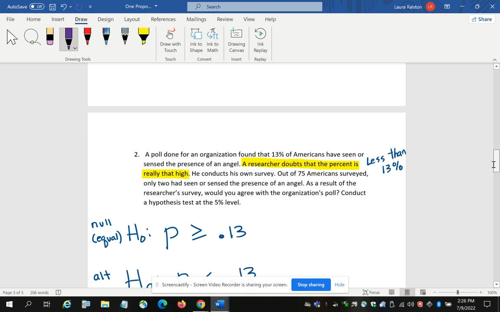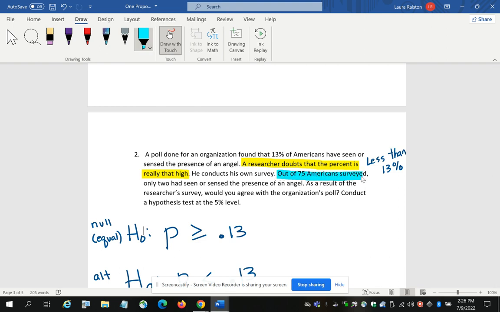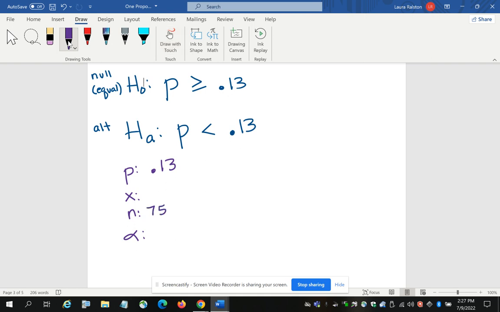Then I go back and read, I believe it's about the fourth sentence, and it says, out of 75 Americans surveyed, only 2 had seen or sensed the presence of an angel. So in this problem, there were 75 people surveyed, and 2 of them had seen or sensed an angel. And then it tells us to conduct our hypothesis test at a 5% level.